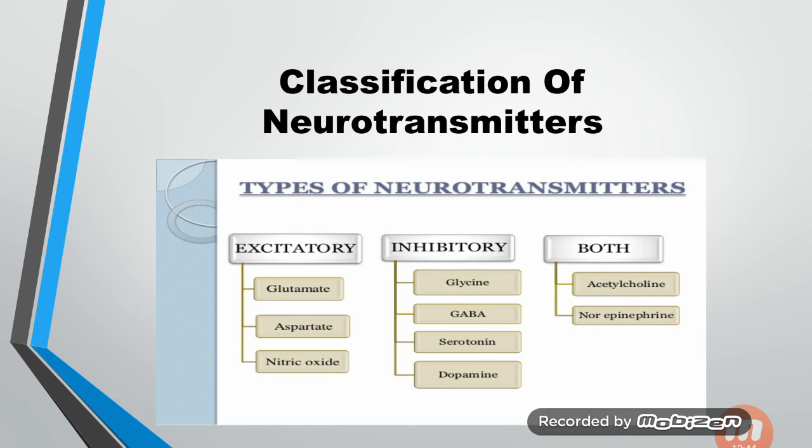Now coming towards the inhibitory neurotransmitters, which cause decreased membrane permeability to sodium ions, thus causing the threshold of the stimulus to be raised. This action is called inhibitory because it lessens the chance that a nerve impulse will be transferred to an adjoining neuron.